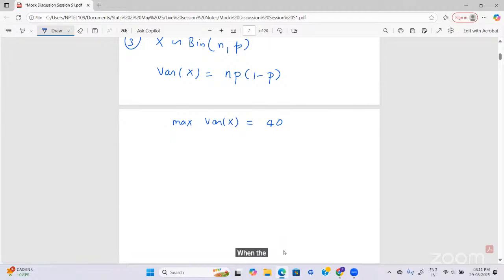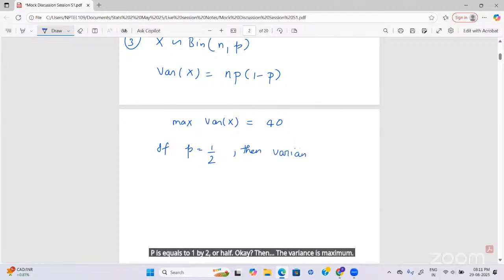When p is half, 0.5, when it is symmetric. Okay. So if p is equal to 1 by 2, then the variance is maximum, right?